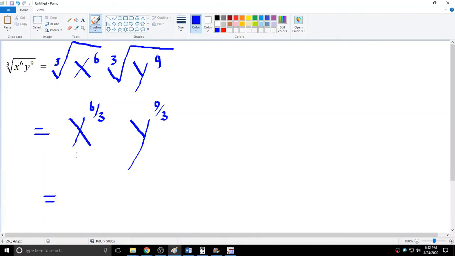Those exponents simplify. 6 thirds becomes 2, so that's x squared. And y to the 9 over 3 is simply y cubed. So my answer is x squared y cubed.